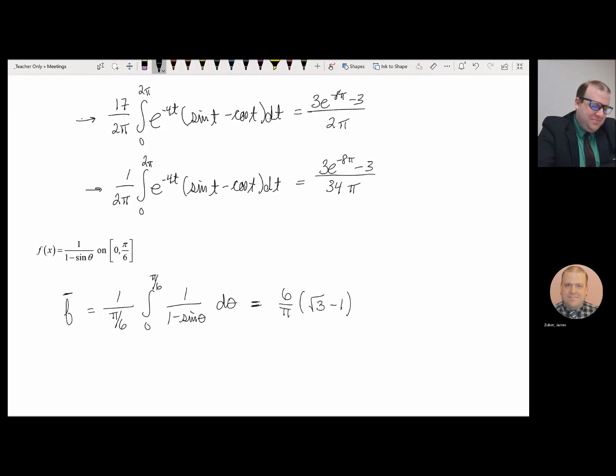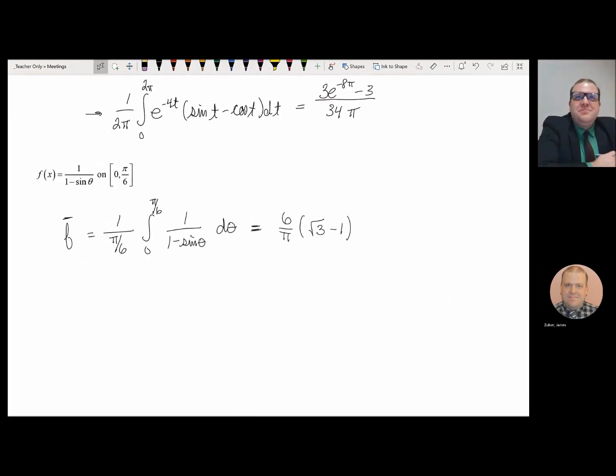The integral from 0 to pi over 6 of 1 over 1 minus sine theta is root 3 minus 1. Right, you just tell everyone it's obvious. You never tell them that you used a calculator. Never show your weakness.